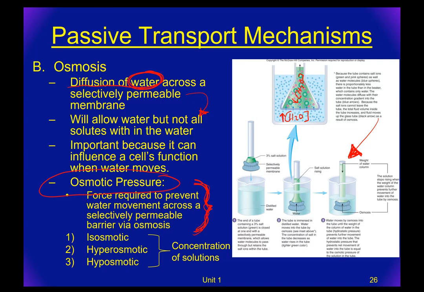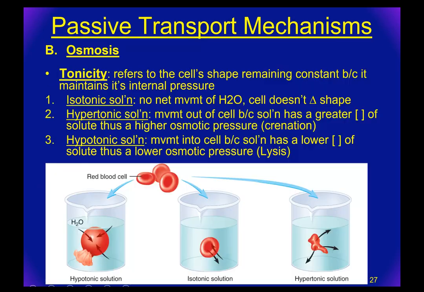Okay? Now, in chemistry, we tend to use the terms isoosmotic and hyperosmotic and hypoosmotic to kind of describe solutions that you can put these selectively permeable membranes into. But in the human body, we don't really use those. We use a different set of terms. We use tonicity.